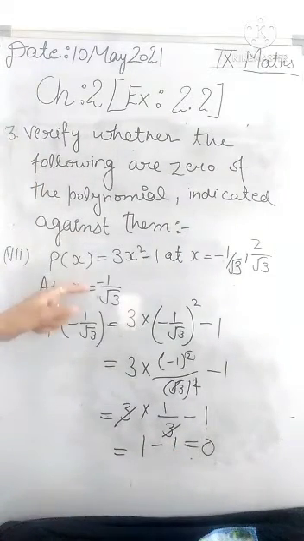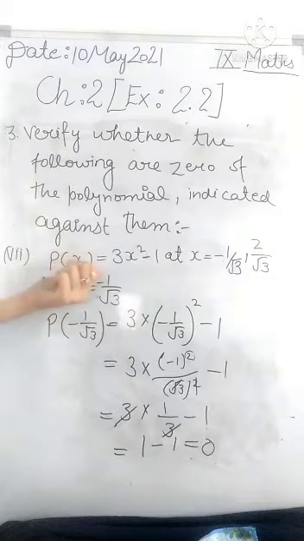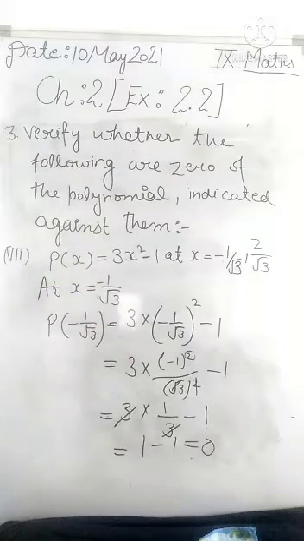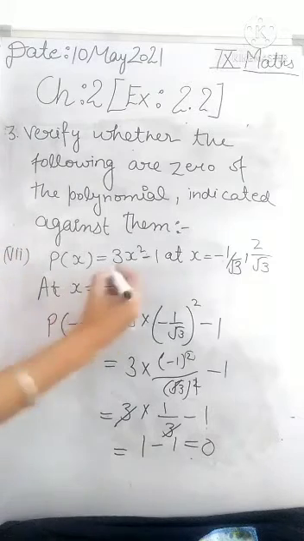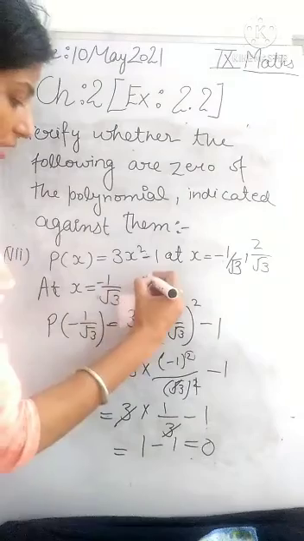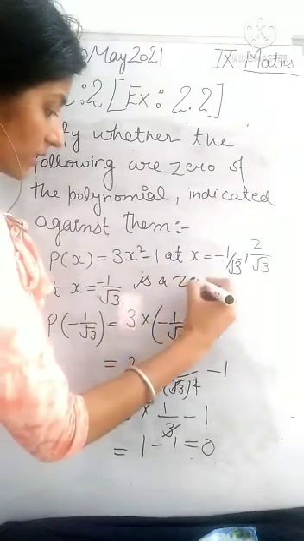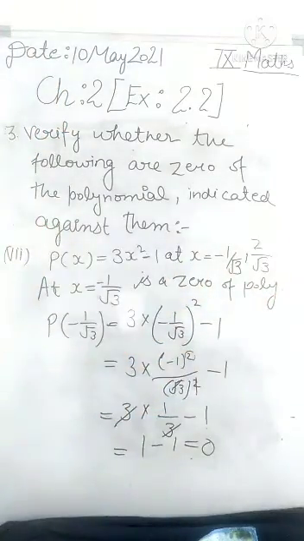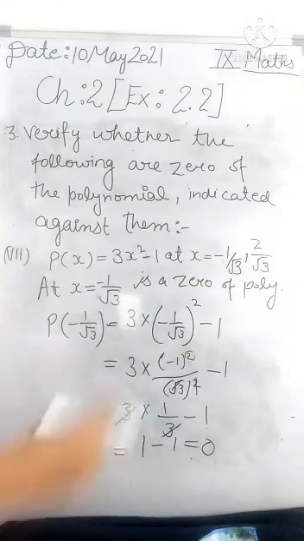So at x equals minus 1 divided by under root 3, the value of the polynomial is 0. Therefore I can say that x equals minus 1 divided by under root 3 is a 0 of the polynomial. Clear? So let us solve at x equals 2 by under root 3.